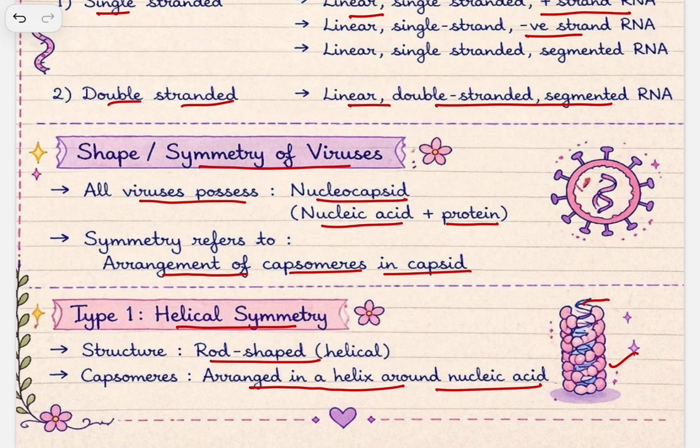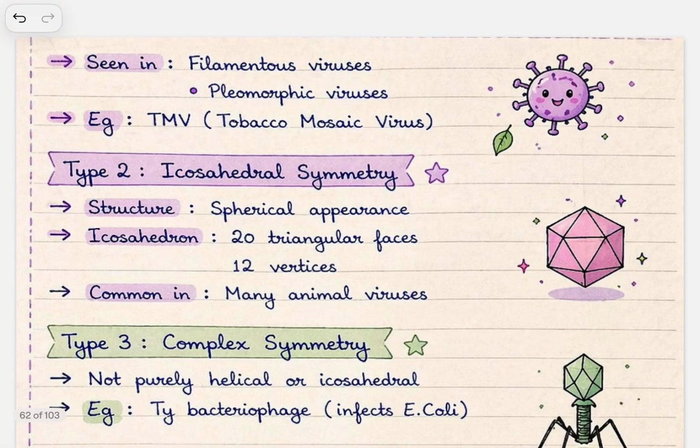This internal part is the nucleic acid and these outer circular structures are the capsid. Seen in filamentous viruses, for example pleomorphic viruses or TMV, tobacco mosaic virus.